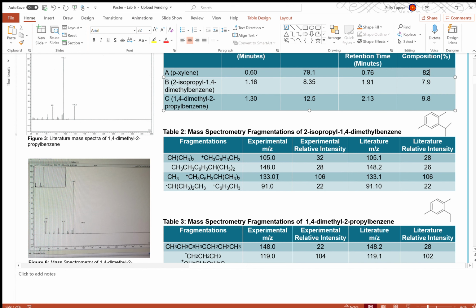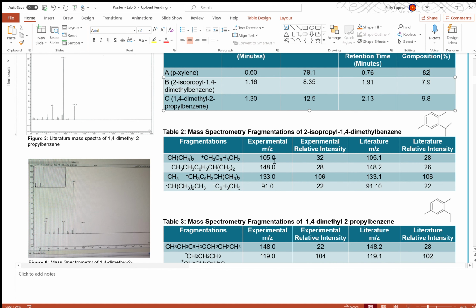Then we have an MZ value of 133.0, which is really close to the literature value of 133.1. This occurs when we lose a methyl. The methyl carries the negative charge, and the relative intensity is 106, which is exactly the same as the literature value of 106.